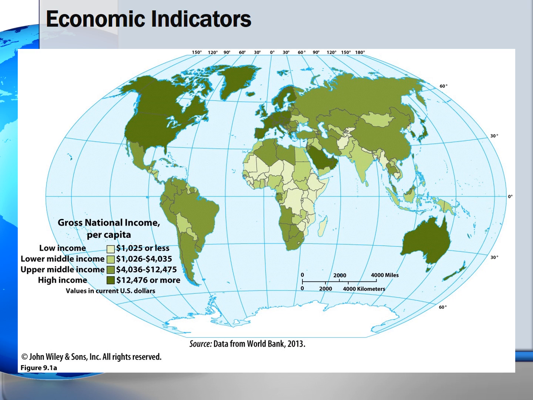This is usually expressed per capita, or in other words, per person. The map shows the gross national income per capita for the world. Many development agencies use the specific values shown in the map key to distinguish the most from the least economically developed countries. Note the middle income category is subdivided into upper and lower income groups.